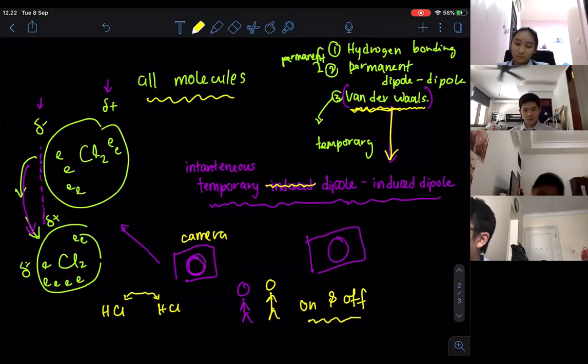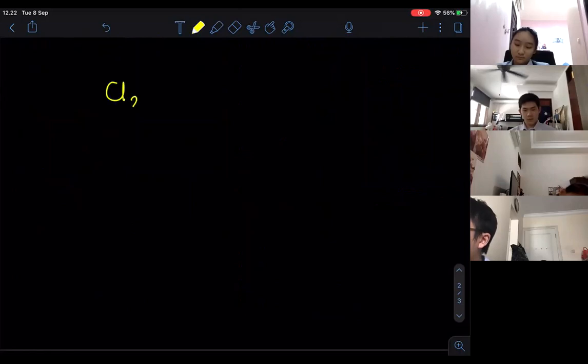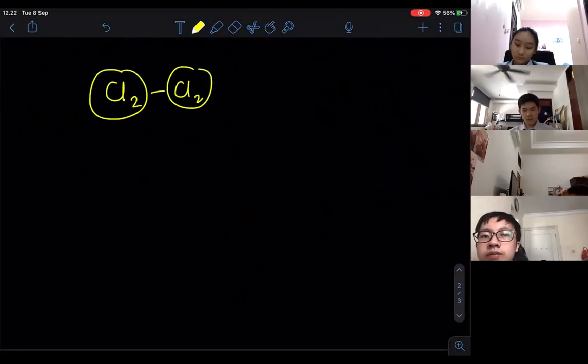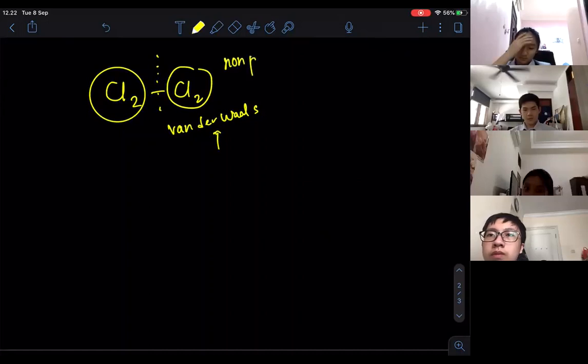But some molecules, for example Cl2 and Cl2, only have van der Waals forces, so you just need to break this force only. It means non-polar molecules only have van der Waals forces of attraction.